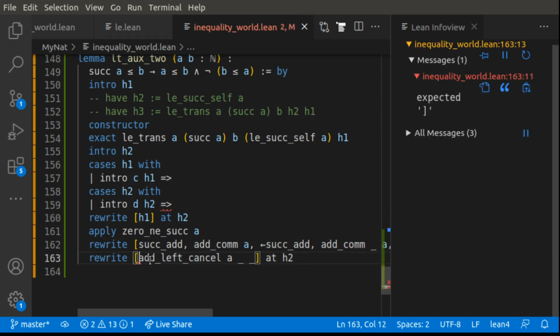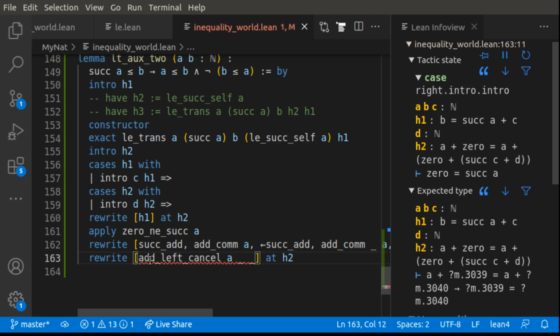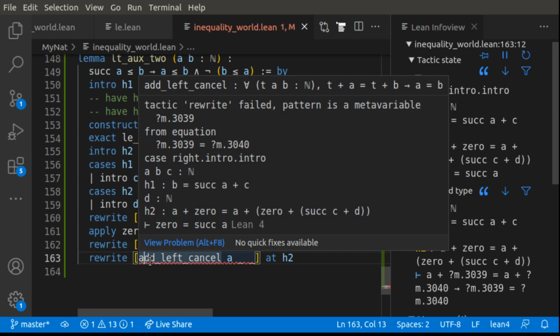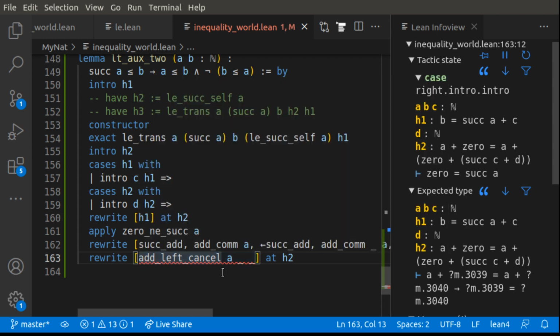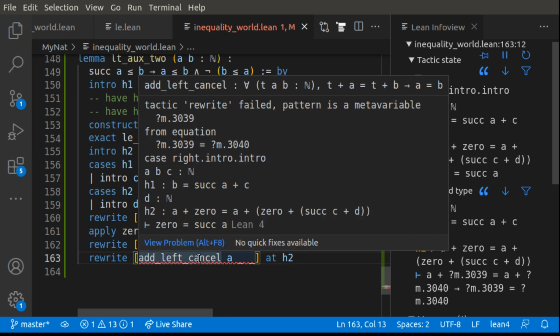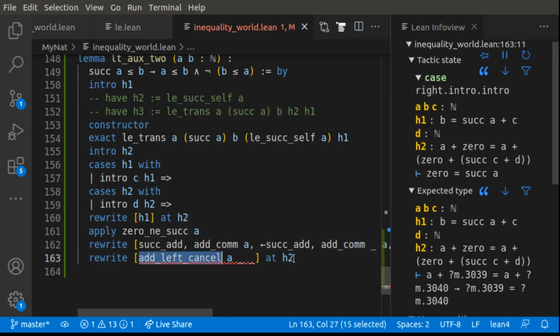Okay, so this is saying we need T A B. So our T, no, we don't rewrite, we just use it.